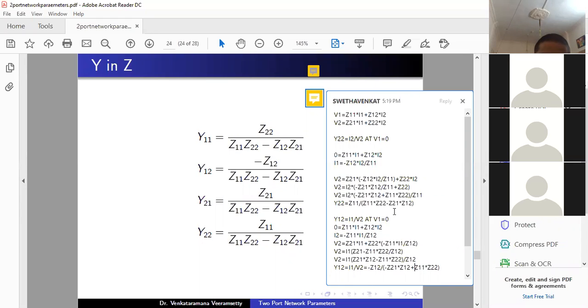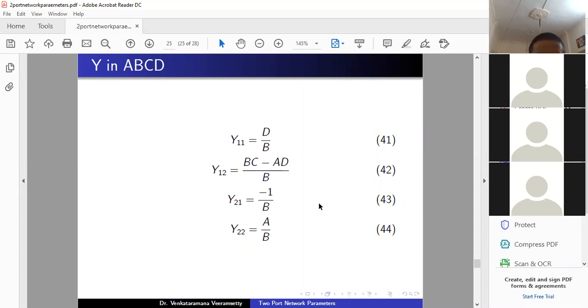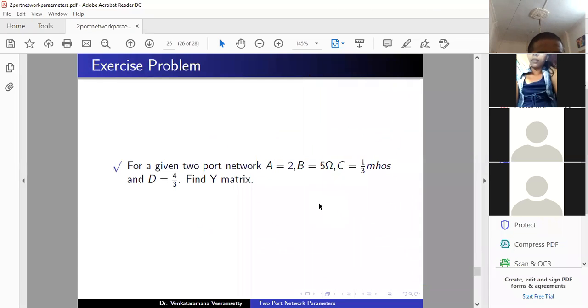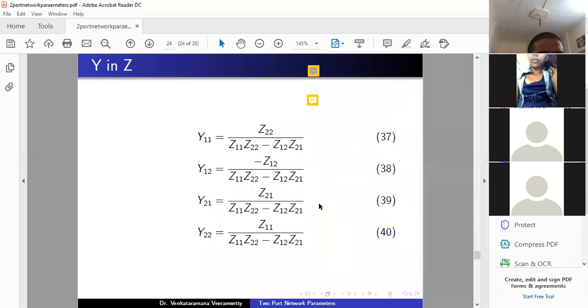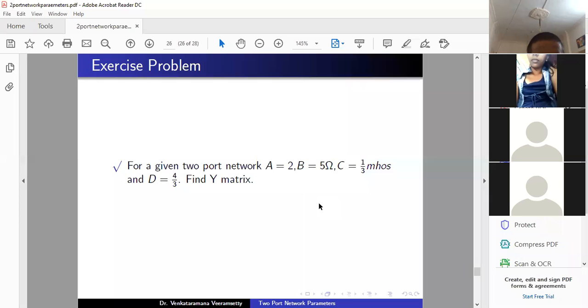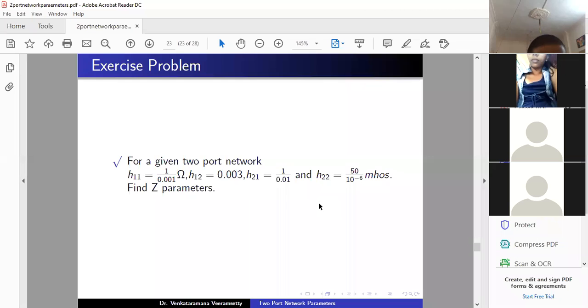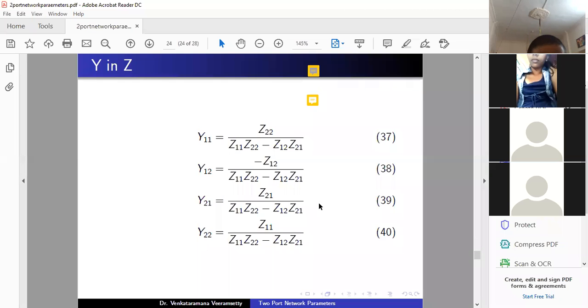Okay. Meanwhile, try to note down these Y parameters in terms of the Z parameters. Right. Okay, I have only 1 more minute. I want to close the session for today.